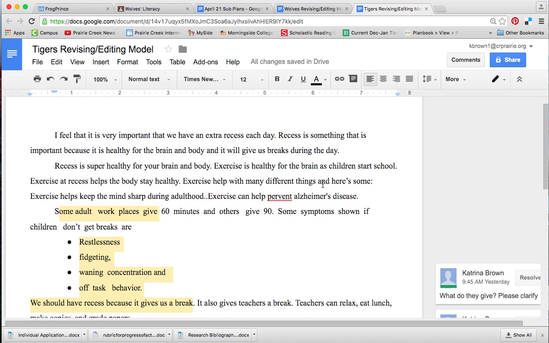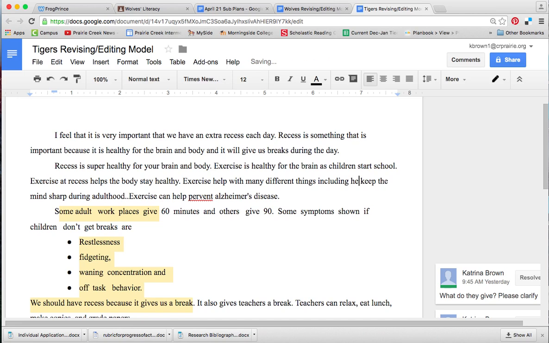Exercise can help with many different things. Here's some. Exercise, so this sounds a little awkward. Exercise can help with many different things. I'm going to combine some of these sentences right here. Help with many different things, including, and this is where you have to read it aloud to yourself, including helps keep the mind, that doesn't sound right.